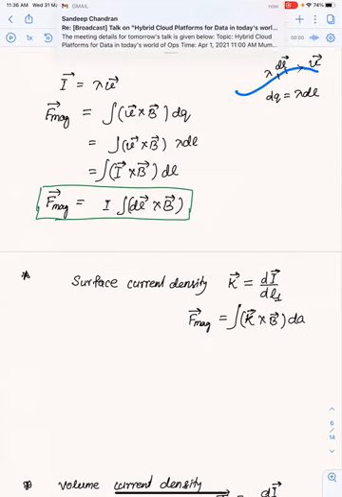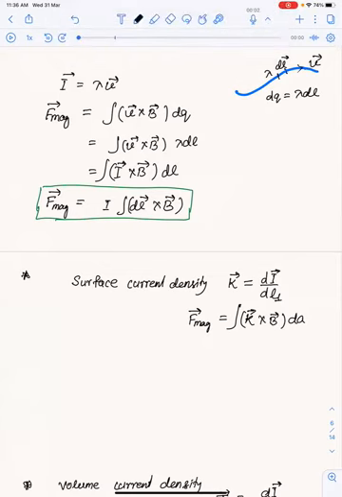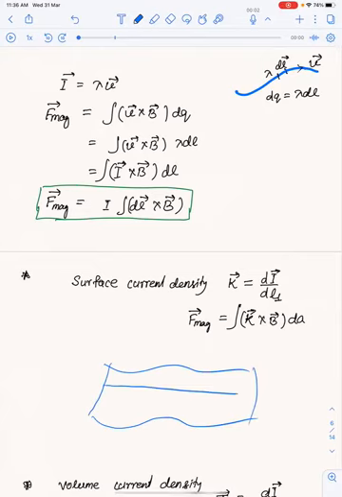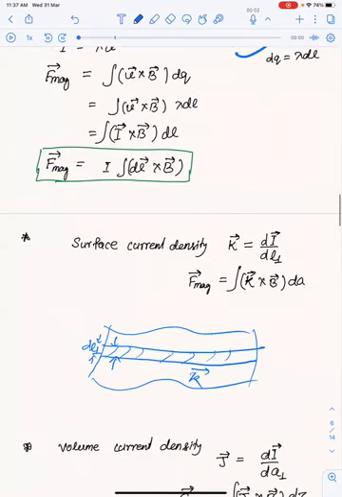So you have a surface, and you can think of a ribbon on it, and the cross-sectional length of this ribbon is dl perpendicular. If there is a current flowing, you assign a direction K. So K is nothing but dI by dl perpendicular.